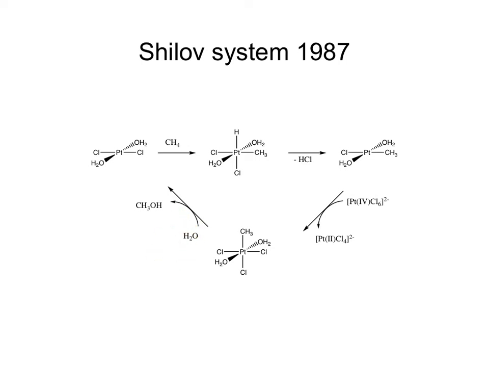You can imagine the lone pair on this water hitting this methyl group, this bond going to the chloride. And so we make methanol and we make HCl as the other product, and we then get down to our platinum dichloride diaquo complex.